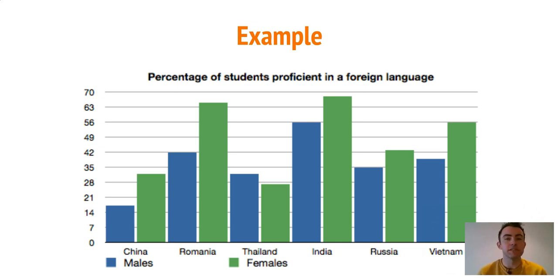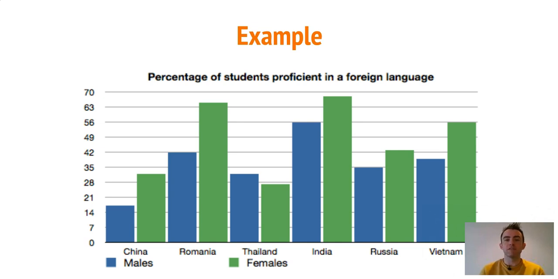So you could say something like, this bar chart shows students who are proficient in a language other than their own or a foreign language, and you could say that it is shown in a percentage. Okay, so you could say the following bar chart shows students who are proficient in a foreign language and it is shown as a percentage.